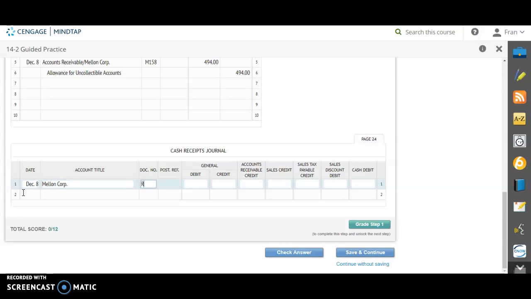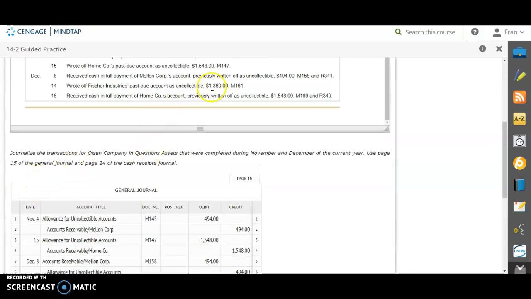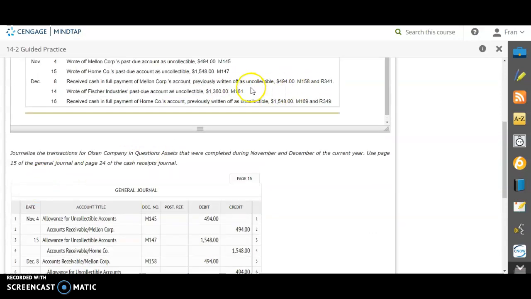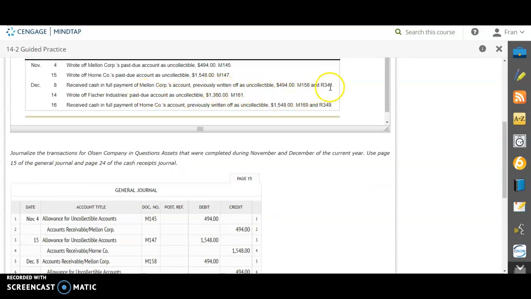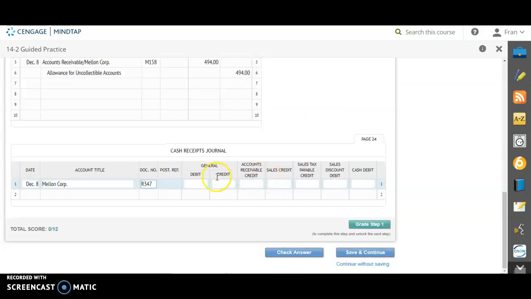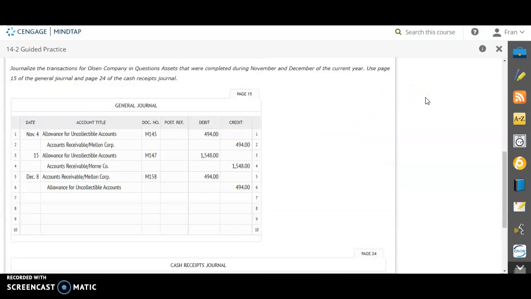And that was receipt 341, as you can see up in here, receipt 341. Okay. And we will be doing the accounts receivable credit in the amount of $494. And we're doing the cash debit for $494. And that's what we did.